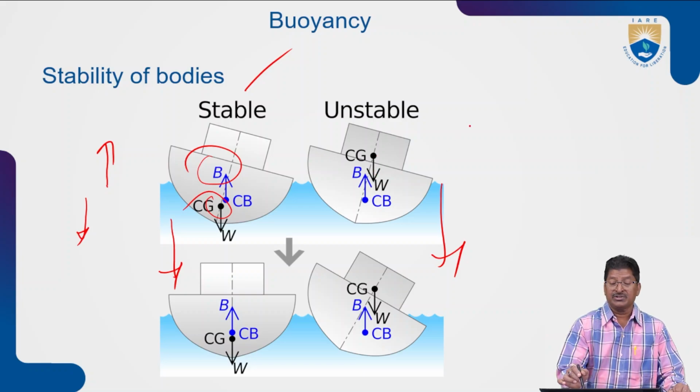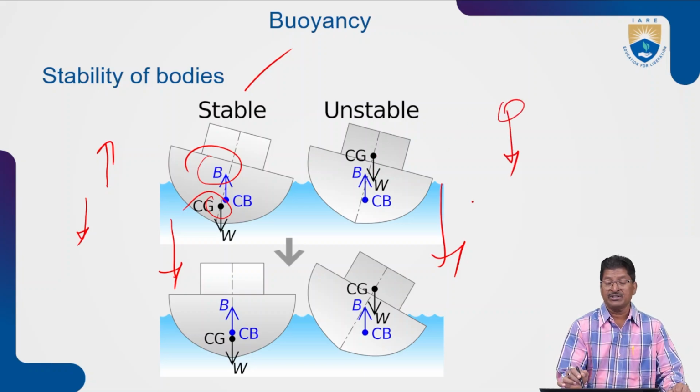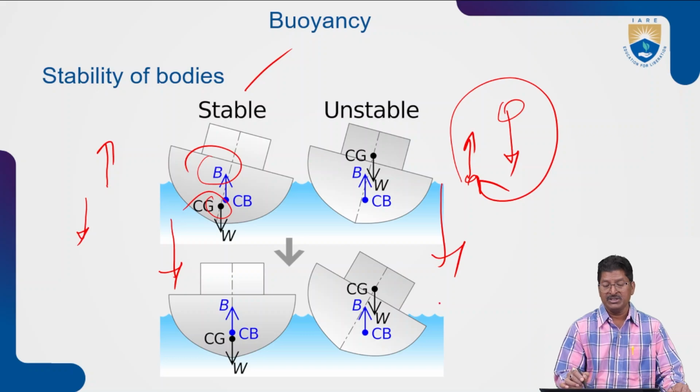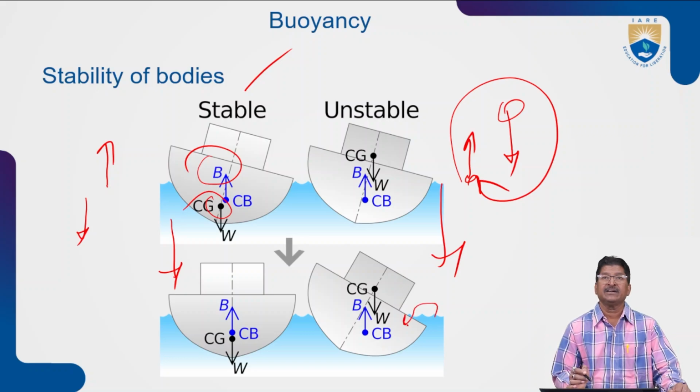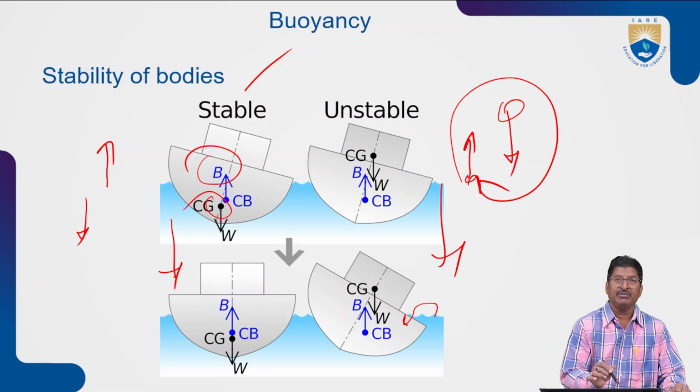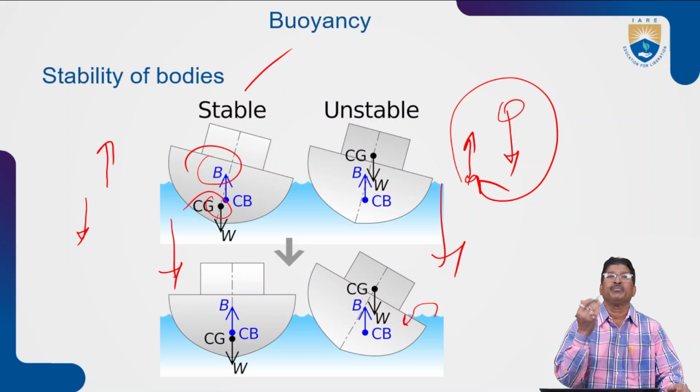The weight of the object is downwards and the point of buoyancy is upwards, so it makes a couple formation and the ship sinks as water comes inside. That is an unstable equilibrium. So these are the stability of bodies. Whenever the point of buoyancy is at a higher level than the center of gravity of the object, it is stable. In the reverse case, it is unstable.